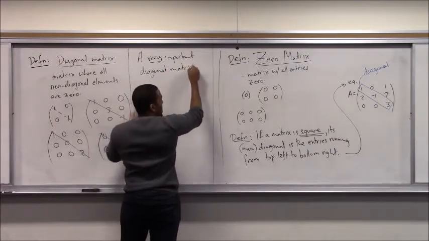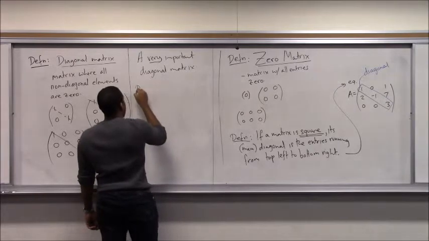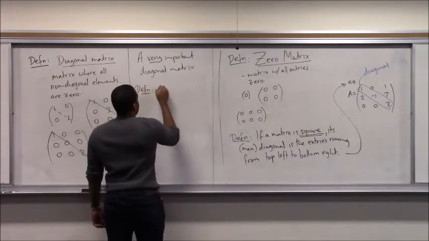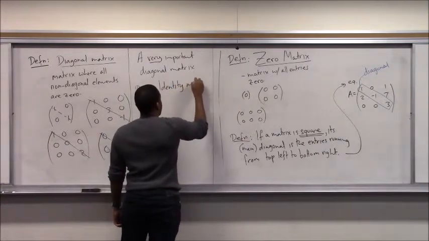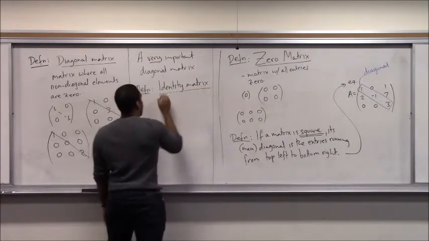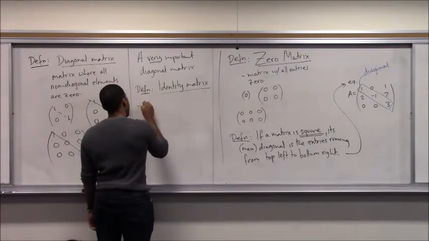So these are just the names that we call them. It's not really something you have to figure out mathematically. So there's something called the identity matrix. Like I said, you'll see why we call it that. This is a diagonal matrix.